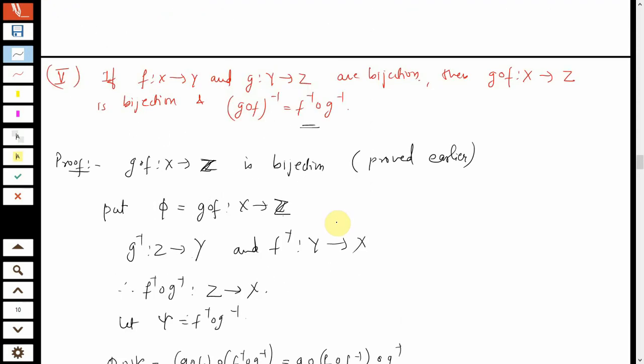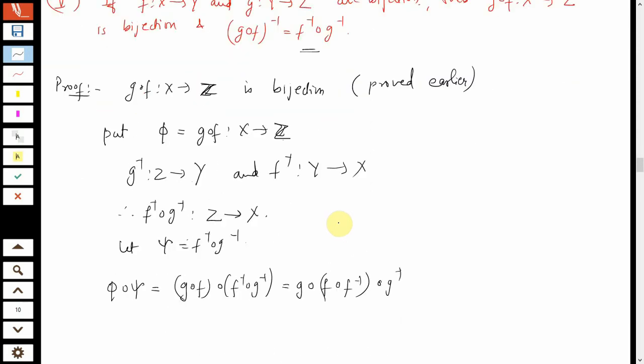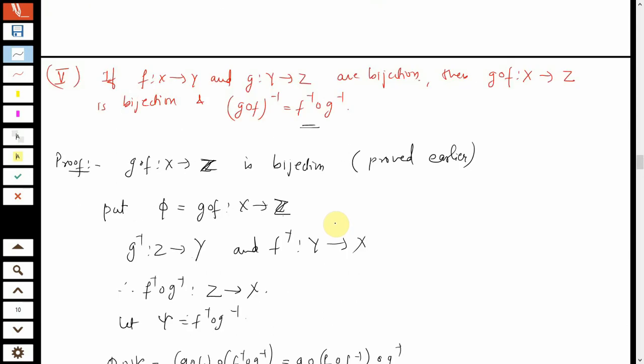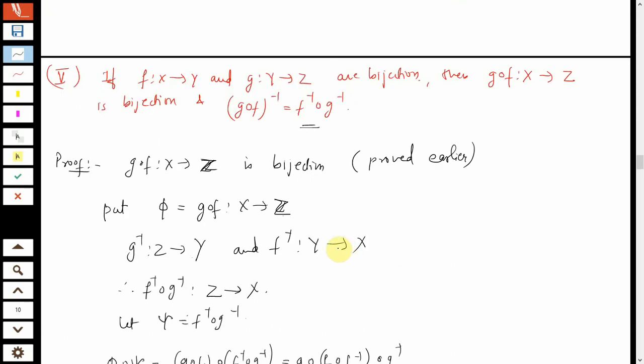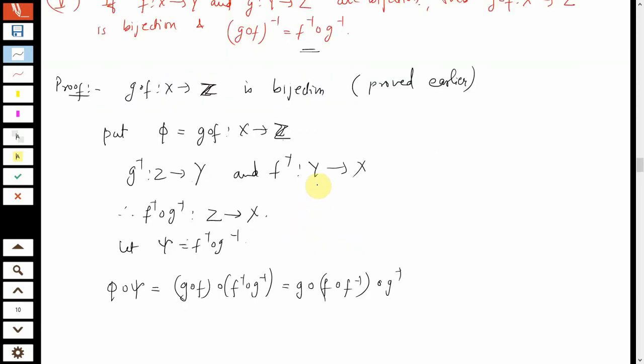First of all, what is this map, F composite F inverse? F inverse is a map from Y to X, and F is a map from X to Y. So let me write this down so that it becomes clear.